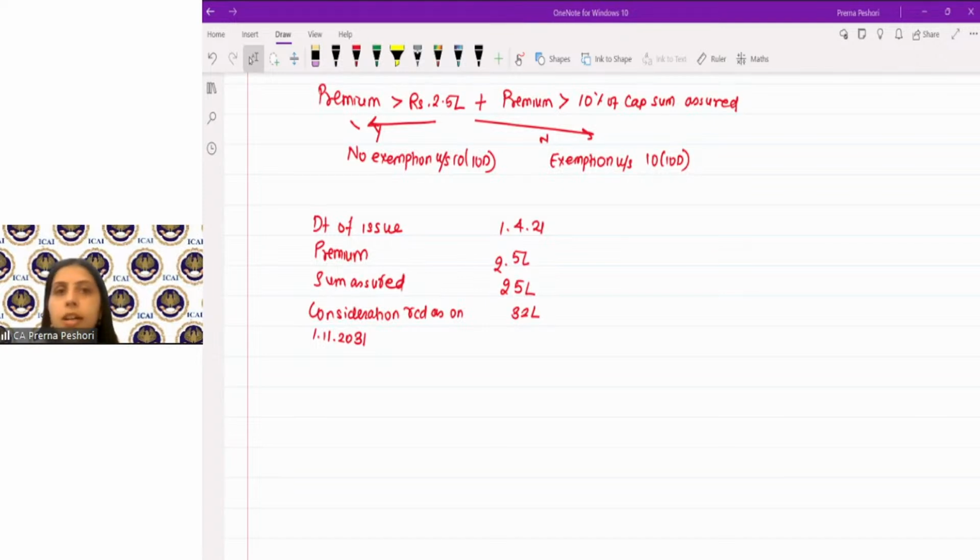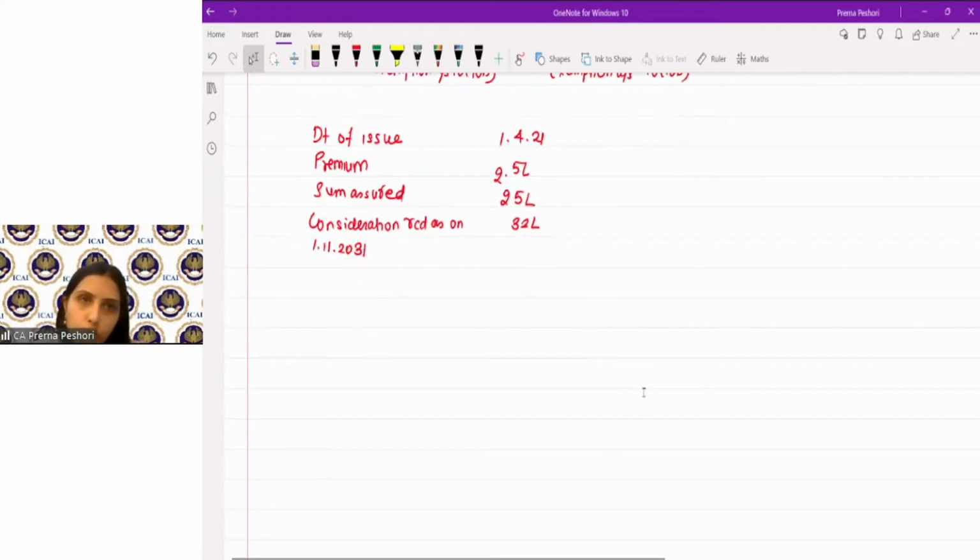Yes, allowed. Here the exemption will be allowed because the annual premium does not exceed 2,50,000 and also does not exceed 10% of the capital sum assured.